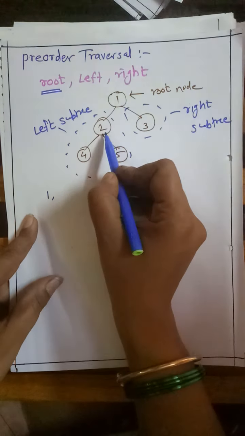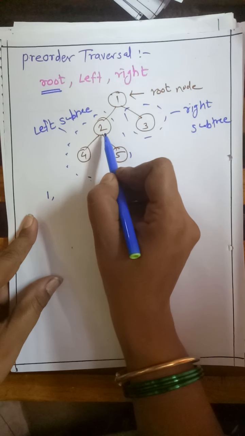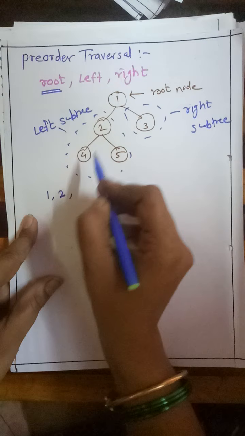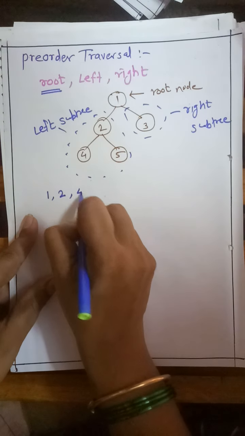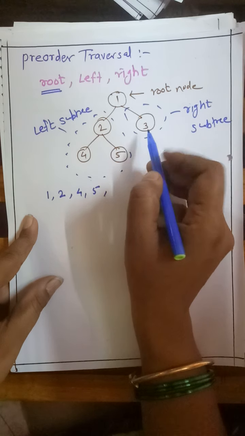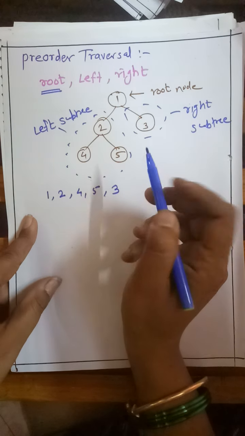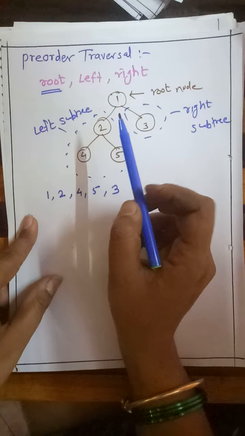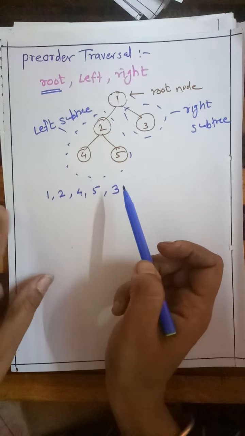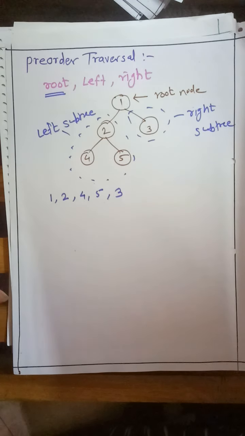Here 2 is again on the left hand side and 2 is the root node, so 2 will be visited. Then left and right, now 4 and 5 will be visited, and last 3 will be visited. So the pre-order traversal of this tree is 1, 2, 4, 5 and 3. You get it? This is simple.